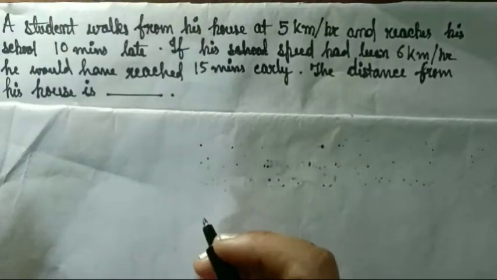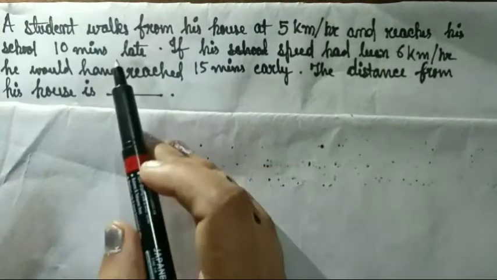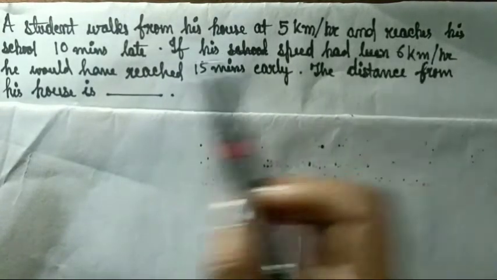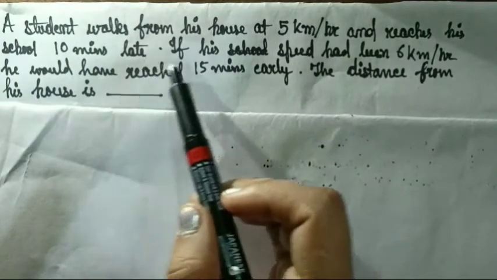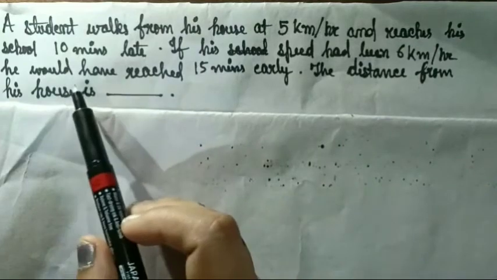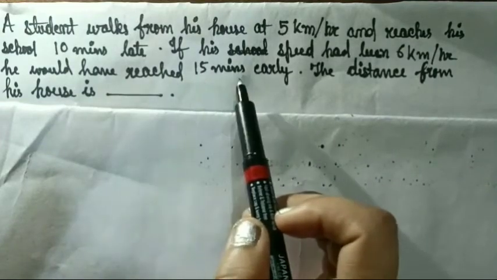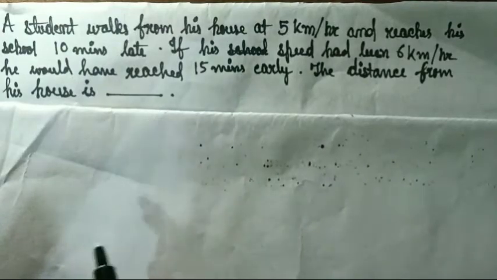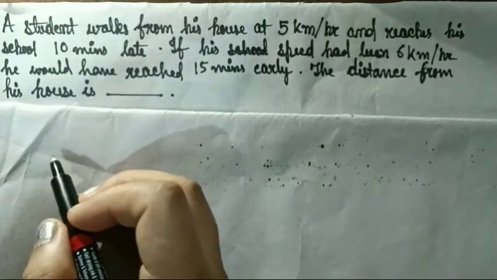Now let us see how to solve this question. A student walks from his house at 5 km per hour and reaches his school 10 minutes late. If his speed had been 6 km per hour, then he would have reached 15 minutes early. We need to find the distance from his house.